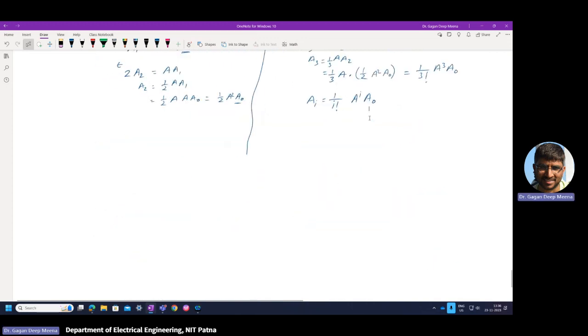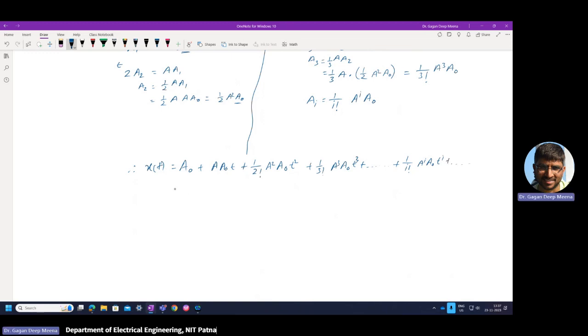So if we would like to write that, your x of t can be rewritten as A0 plus AA0 t plus 1 by 2 factorial A square A0 t square, as we have obtained, plus 1 by 3 factorial A cube A0 t cube, plus it goes on and on, till 1 by i factorial A to the power i A0 t to the power i, plus it will go on.